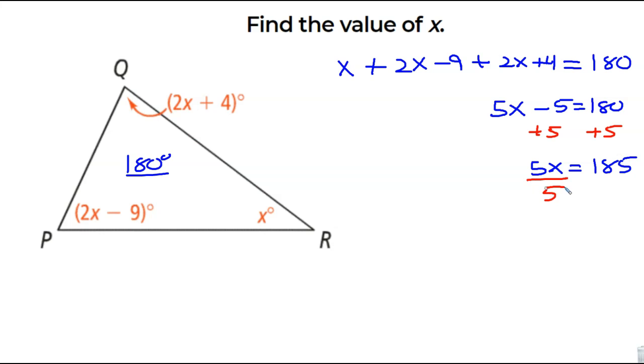And then divide both sides by 5, which will give us x equals 37. Okay, once again, utilizing the triangle angle sum theorem, we know all three angles of a triangle have to add to 180. That's why we can add these all together and set them equal to 180.